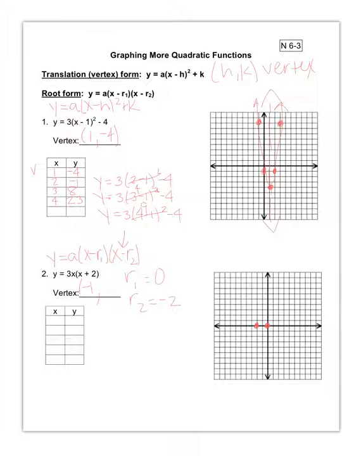And then if you didn't have a calculator, you're just plugging it in. So that would be 1, so you would end up getting negative 3 for your y value. So (negative 1, negative 3) would be your vertex.